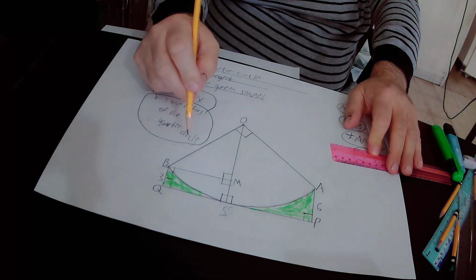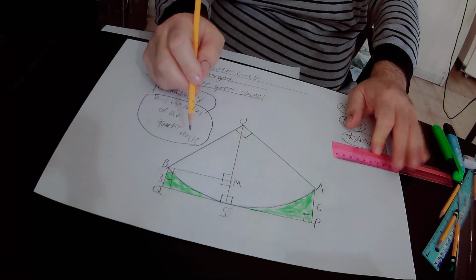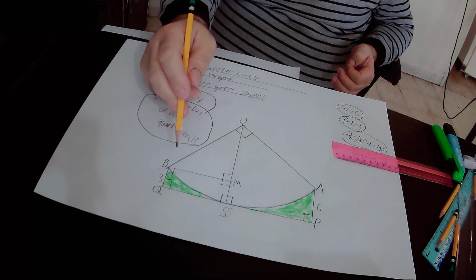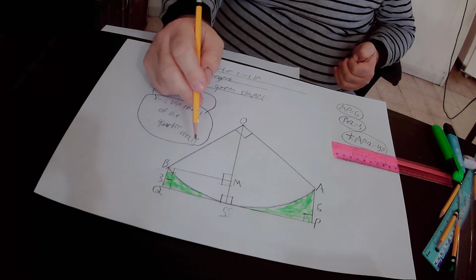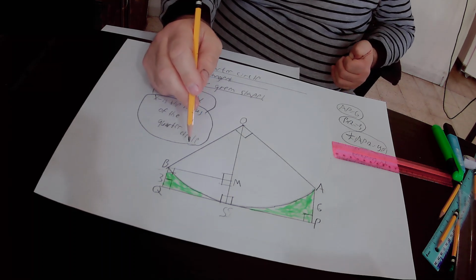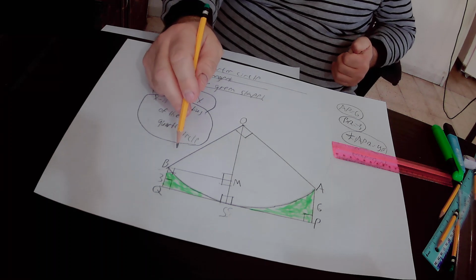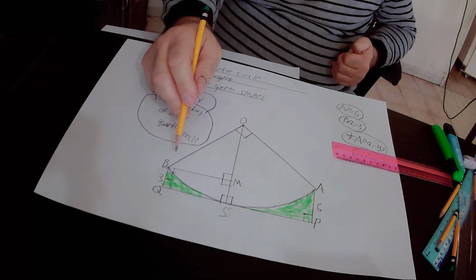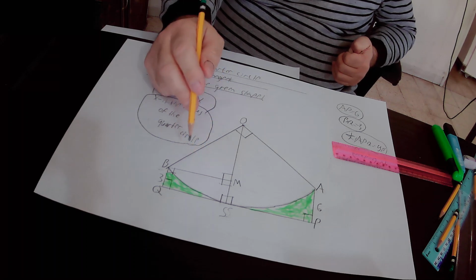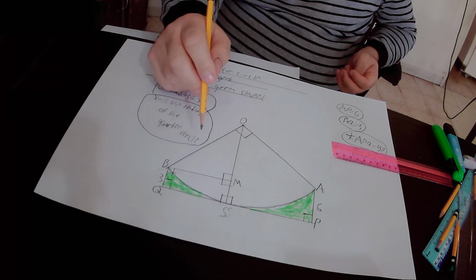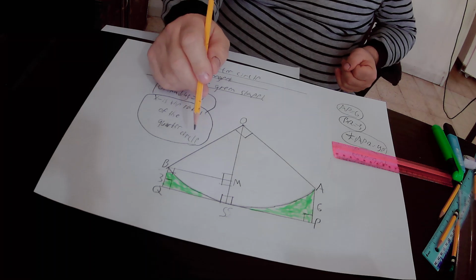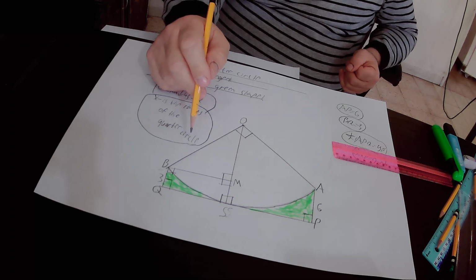So inside the small quadrilateral BMQS, we have 4 right angles, and any quadrilateral that has 4 right angles must be at least a rectangle, if not a square. So we relate to this quadrilateral BMQS as a rectangle. And we also know that the opposite sides of a rectangle are equal to each other.